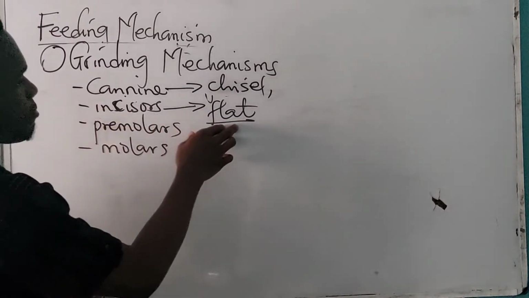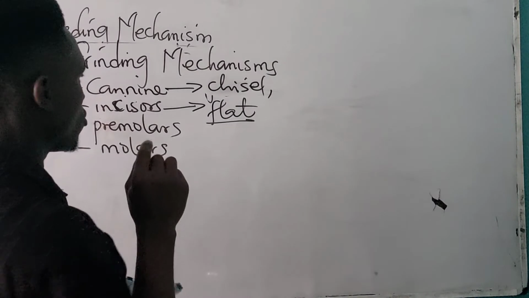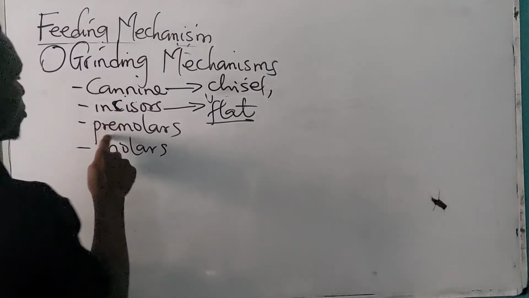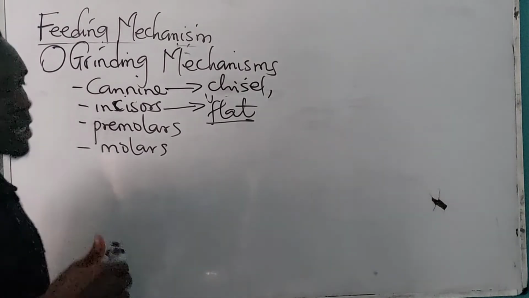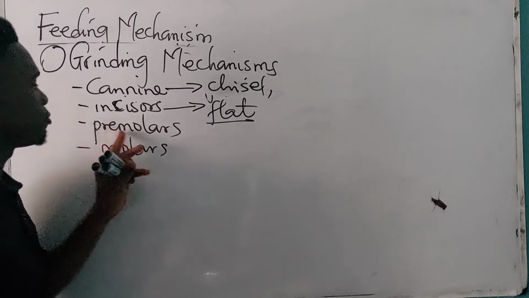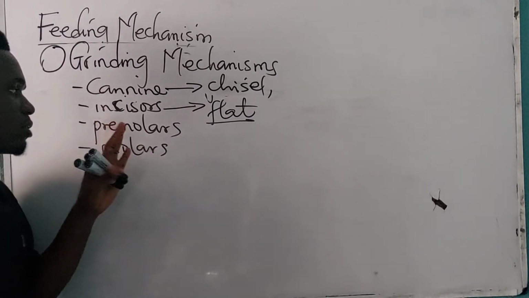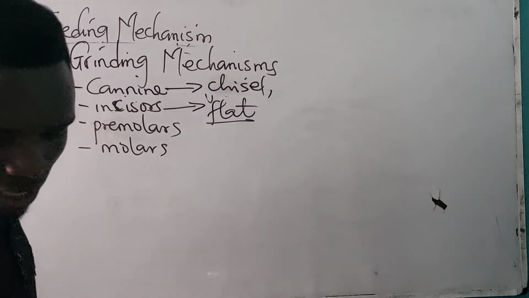The incisors are flat in form, and they are used for what? Biting or cutting. Now premolars are modified for what? Grinding, while the molars are there to further grind the food materials which were ground before. Please take note of this.